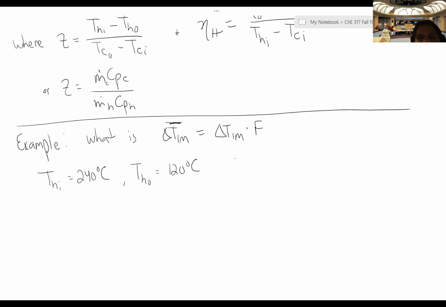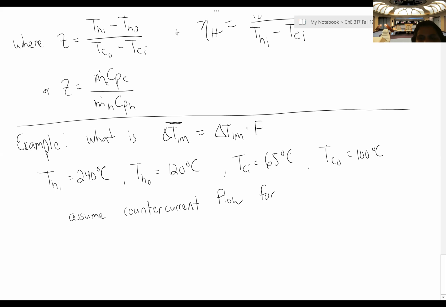T C in is 65 degrees. And T C out is 100 degrees C. So I'm going to assume countercurrent flow for determining delta T log mean.